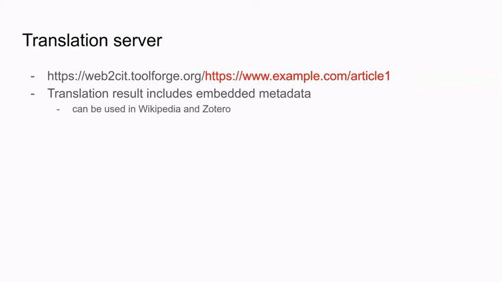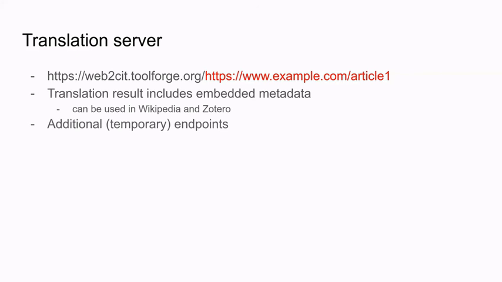So if you want to use Web2Cit in Wikipedia right now, the only thing you have to do is, instead of using the original URL that you want to cite, you prepend the translation server address, and the Wikipedia automatic citation generator is going to use Citoid, but Citoid is actually going to use Web2Cit to translate the web page.